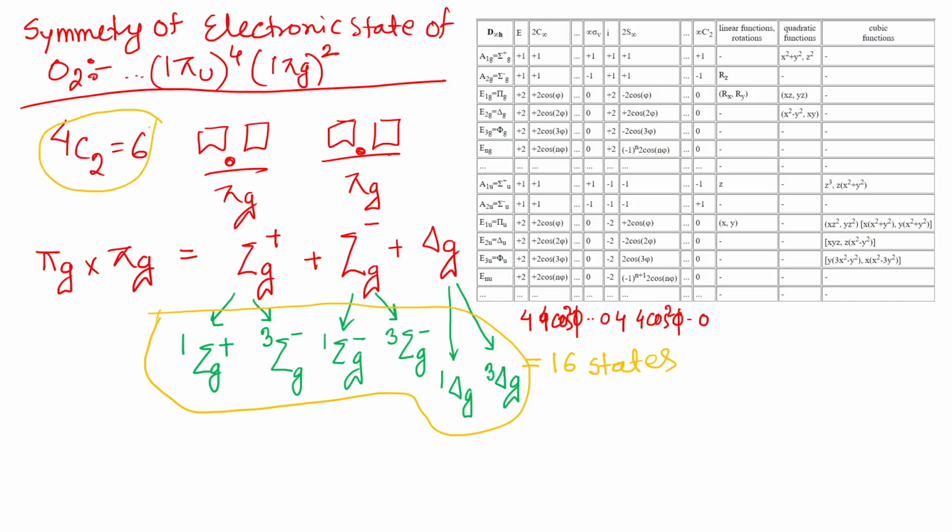Then again, as I told, when you are working in the degenerate state, you have to look at the Pauli exclusion principle, right? And what does that tell us? That all the electrons cannot.